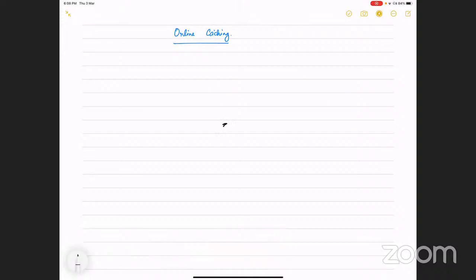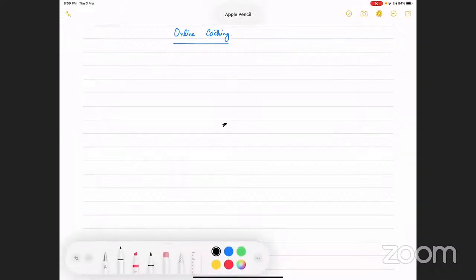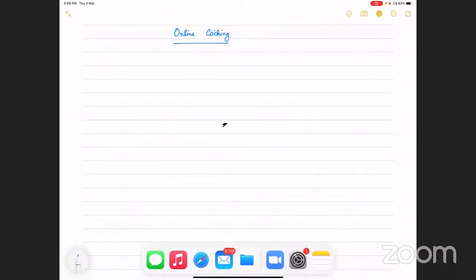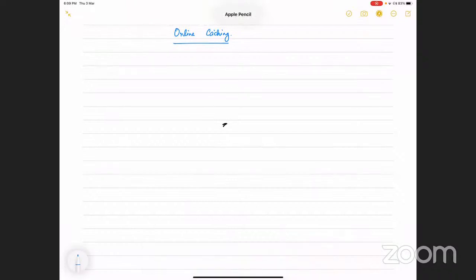So black is working. You want to change color? No, I see my finger is working. I don't know why the pen is not working. Is it the battery? No, the battery was okay when I. Maybe it is. No, so something is wrong with the pencil because it should have shown the charts.